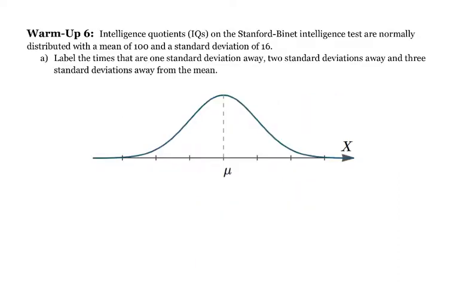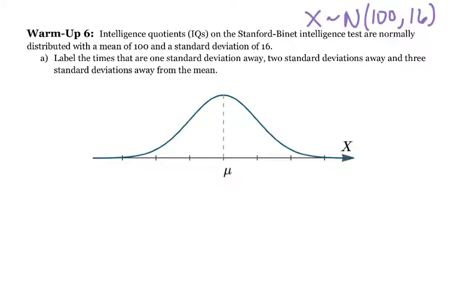So let's look at a problem. Intelligence quotients are normally distributed with a mean of 100 and a standard deviation of 16. So again, we say that our variable, which is IQ scores or intelligence quotients, is normally distributed with a mean of 100 and a standard deviation of 16.